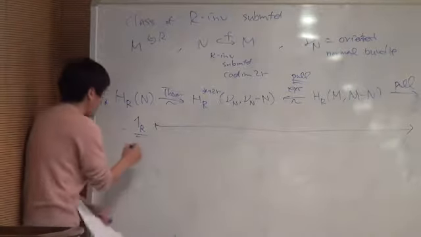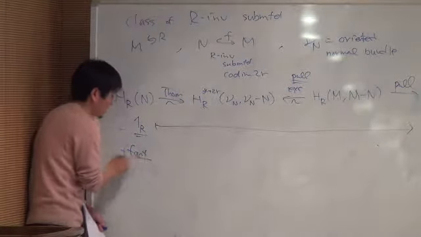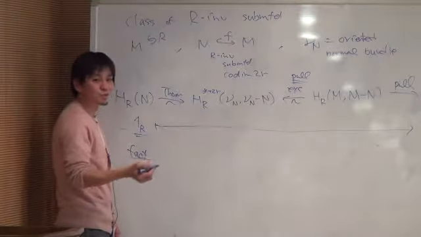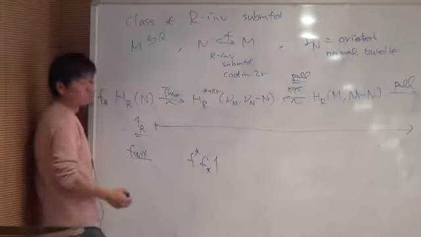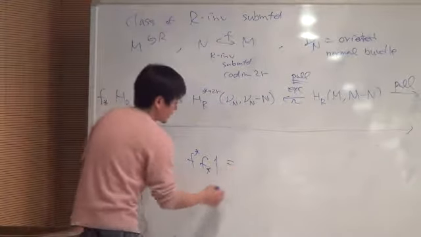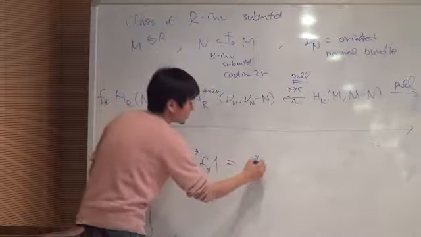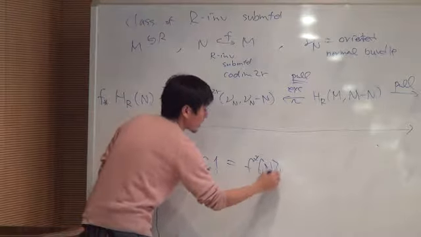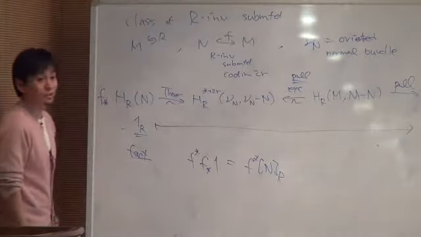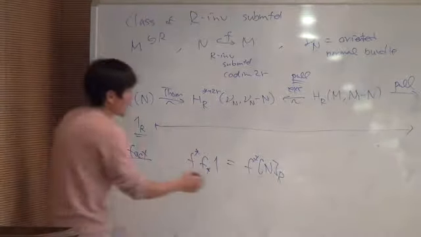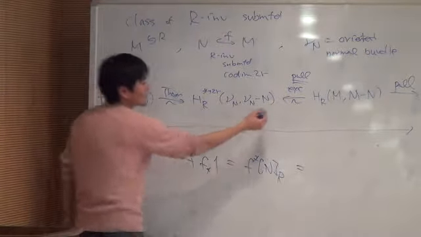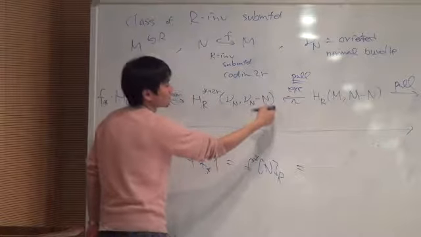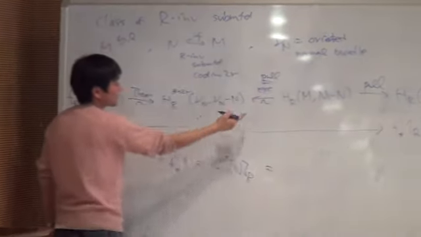Okay? And the fact about this push forward, the relation between push forward and pull back, push and pull. Yeah? So this is the pullback of this class sitting inside of the cohomology of M. If you pull back, this is going to be an inverse, but it doesn't really matter because it's an isomorphism.